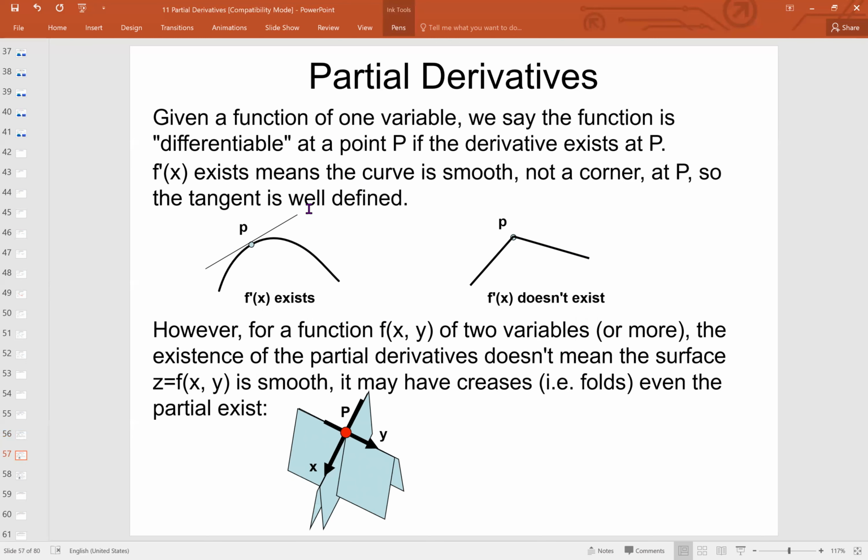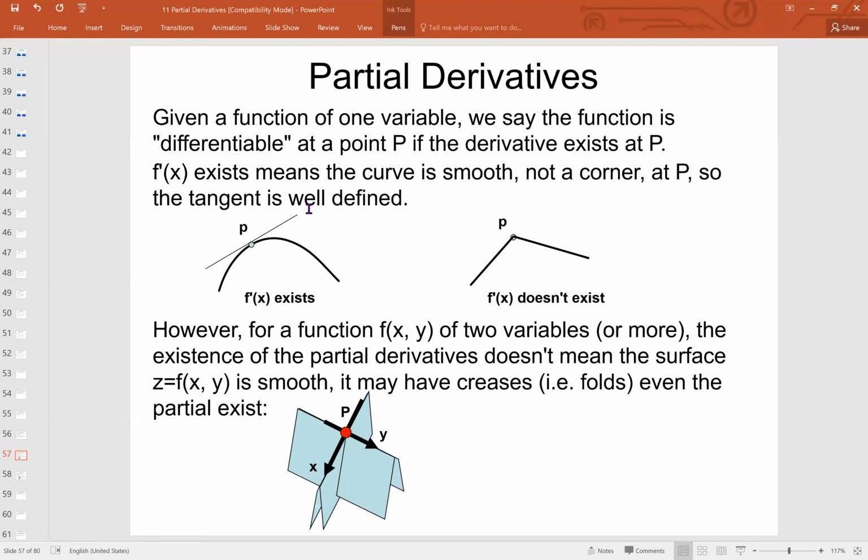Having partial x and partial y exist can happen at a fold like this one in the picture. Think of sitting at the table fold. If you calculate the slope in either direction at the point P, it's flat in that direction, and flat in that direction, so the slope is 0 for both. They exist. However, that's by no means a smooth point on the surface. Actually, it's kind of precarious. It's a point of a fold.